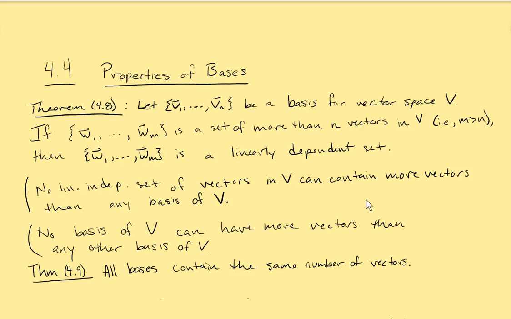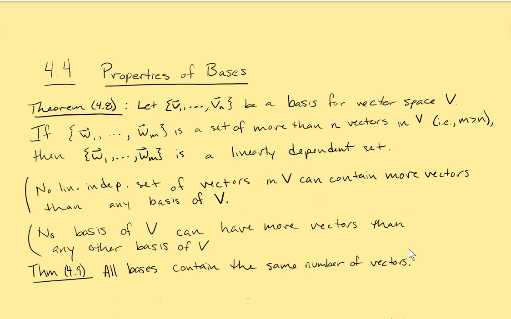So, stated in words, no linearly independent set of vectors in any vector space V can have more vectors than any basis of V. Otherwise, this theorem applies and you get linear dependence. If you had a set containing more than n, you get dependence.